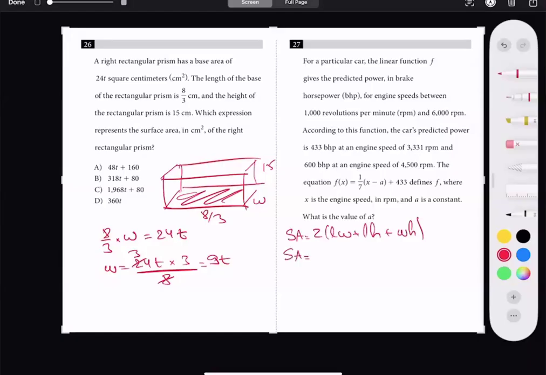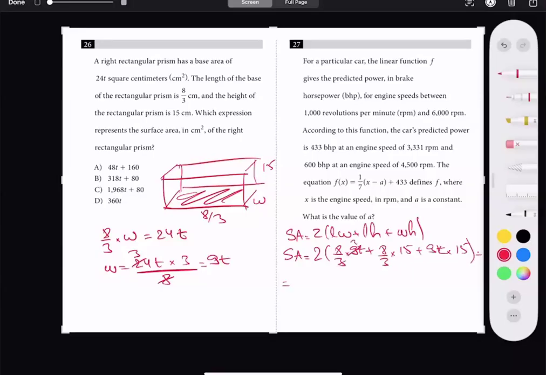I always just draw it out, but it's the same formula. 8 over 3 times 9t plus 8 over 3 times 15 plus 9t times 15. Is that okay?